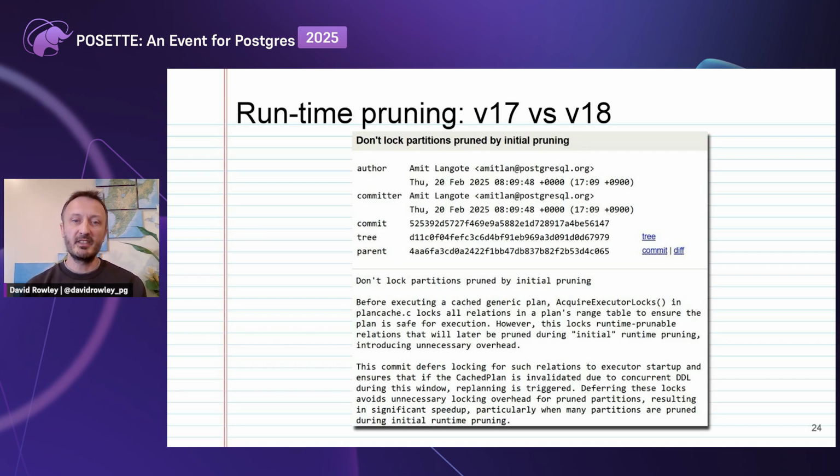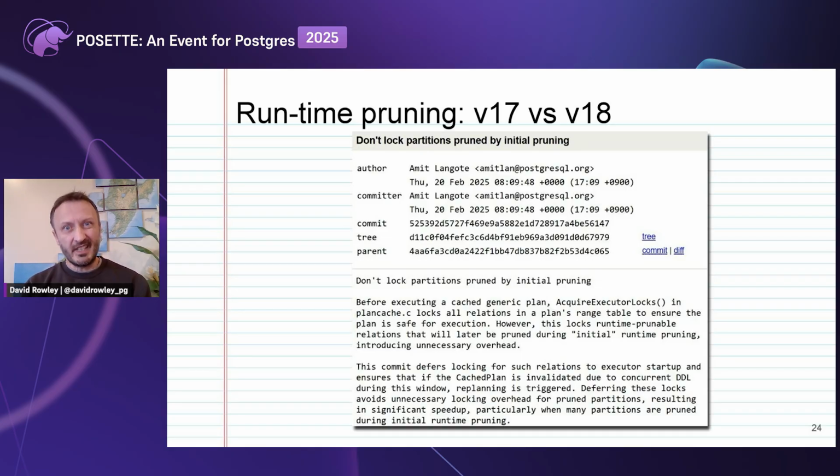But the problem with that is the planner still has to generate a plan with every possible partition that could match. Then it's up to the executor to prune away the ones that don't match the value being looked at. The problem was the order of operations. During execution startup, we have to obtain locks on every table that we're going to look at during execution of that query.